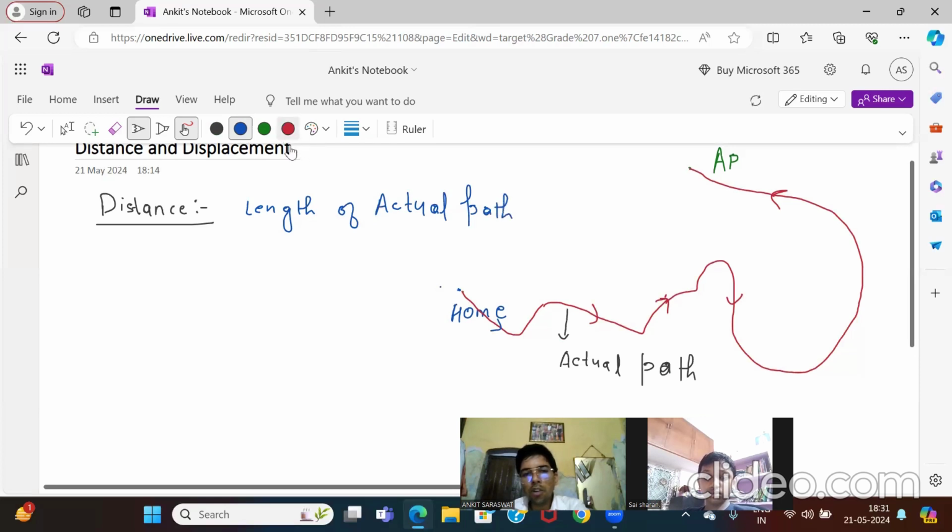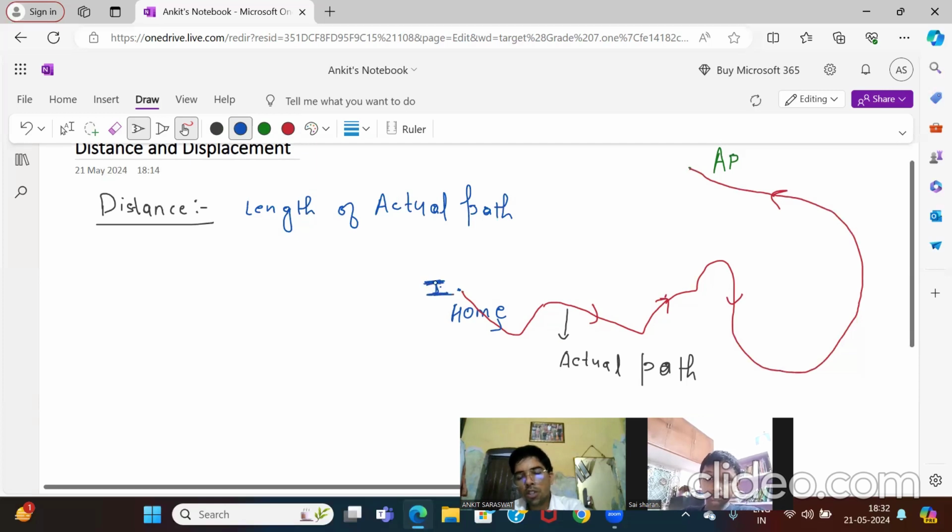Do you understand what is the meaning of path? It means you can see your car is going on this red line. This red line is known as path. And the length of this actual path is known as distance. So this is the initial position from where you started your journey.